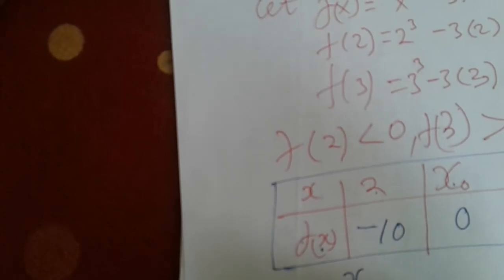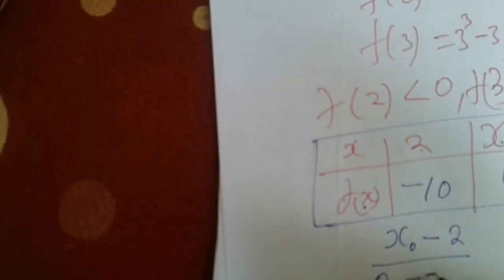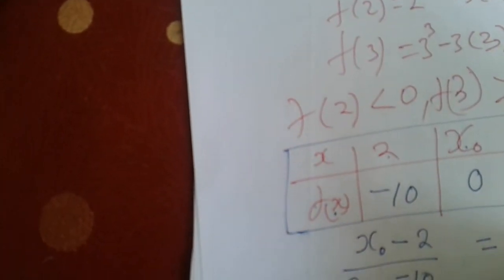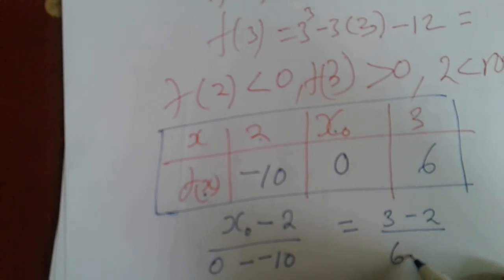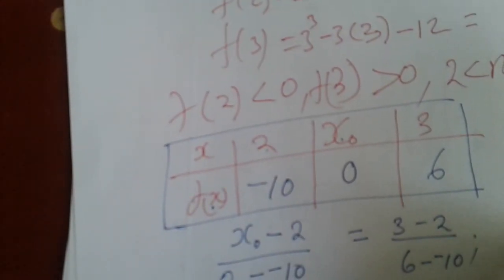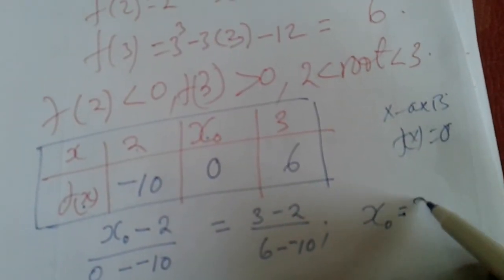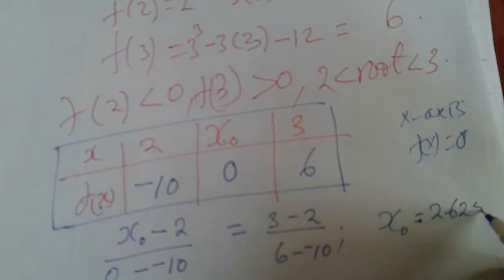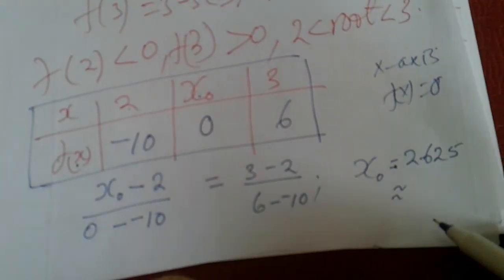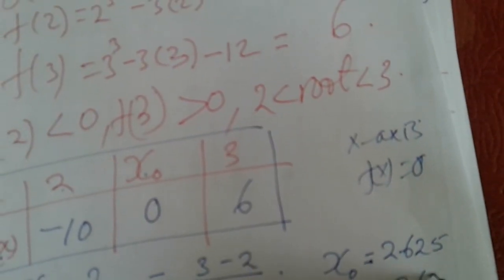Therefore, we shall use linear interpolation as usual. x0 minus 2 over 0 minus -10 is equal to 3 minus 2 over 6 minus -10. If you compute, you will get x0 as 2.625, but remember our answer is supposed to be 2 decimal places, and that is 2.63.